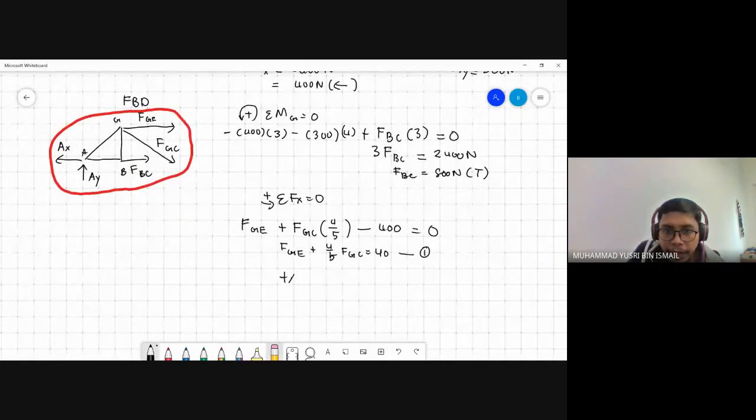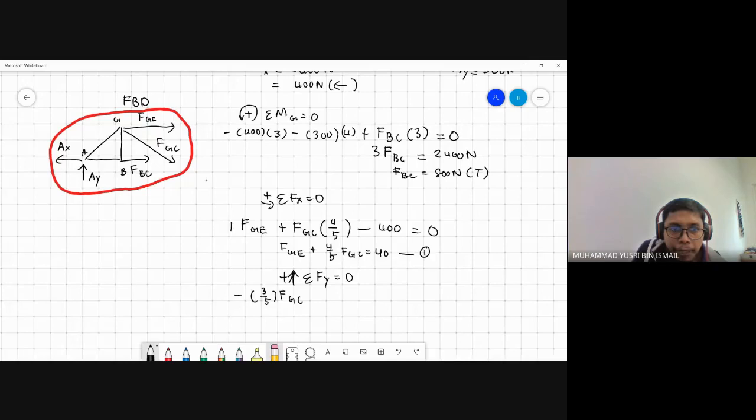Then for y-axis equal to 0. So minus FGC will be 3 over 5 FGC, because it's going downward. Oh, okay, FBC. I did not include FBC.